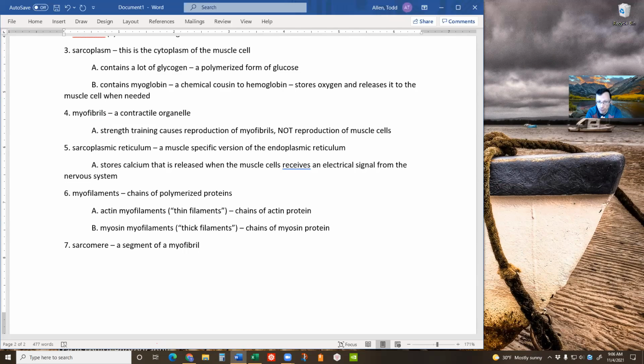That segment of myofibril is made by overlapping actin and myosin myofilaments stacked on top of each other. Okay, so do you see that in the bottom right corner? You see the bracket sarcomere, and it's the same area of the picture that's also highlighting the myosin and actin filaments, and you notice the repeating pattern of how they overlap with each other. Okay.